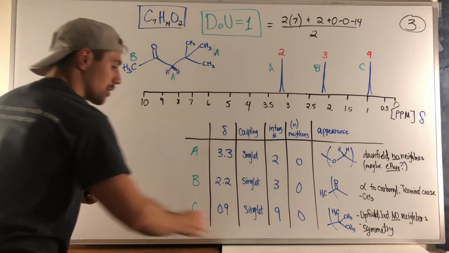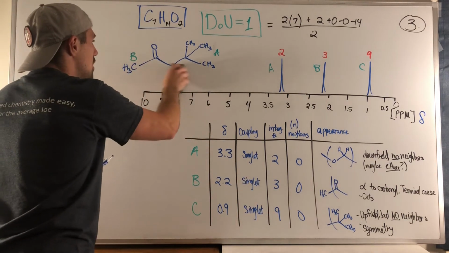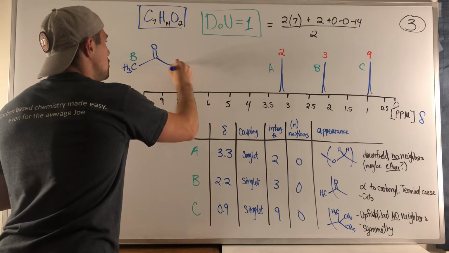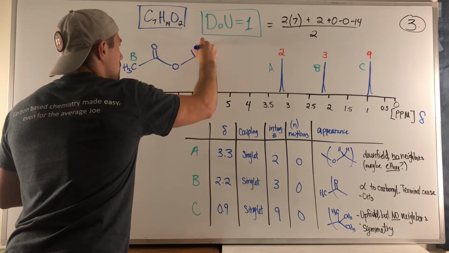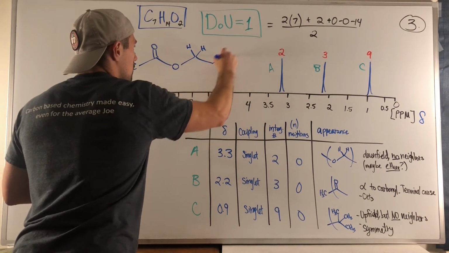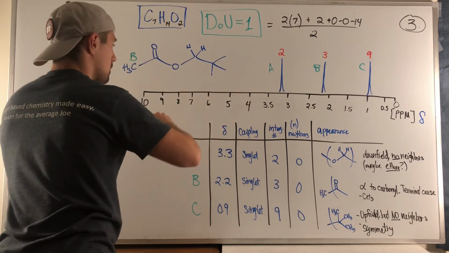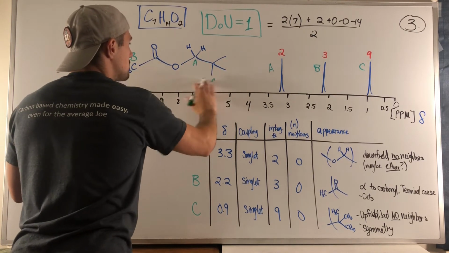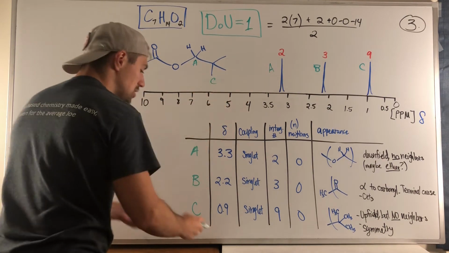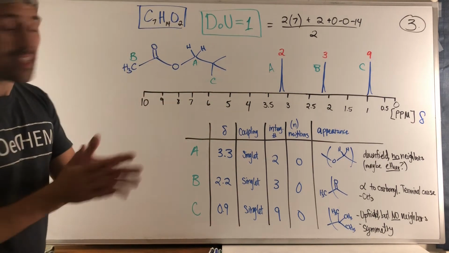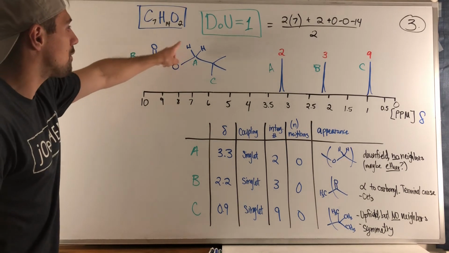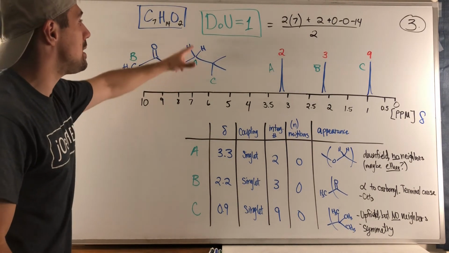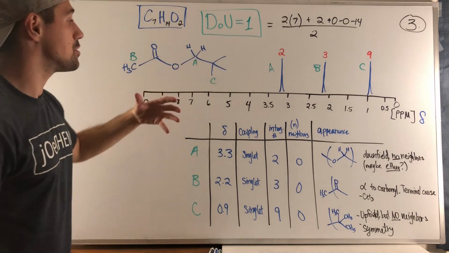However, if we make this ketone, and of course I'm gonna have to ruin my good drawing, if we make this ketone into an ester, where this is A and this is C, I hope you'll think this makes more sense because not only are there no neighbors here, but now we've added a component that makes these 2 hydrogens more downfield.